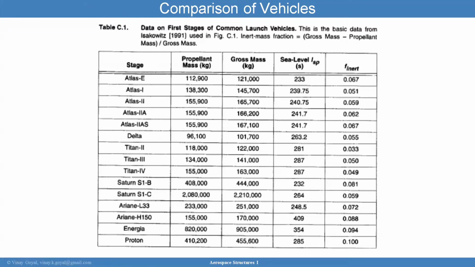Continuing on here, the inert mass fraction again is the gross mass minus the propellant mass divided by gross mass. So clearly I'm taking the propellant mass out and showing you what is going on with the inert mass fraction.